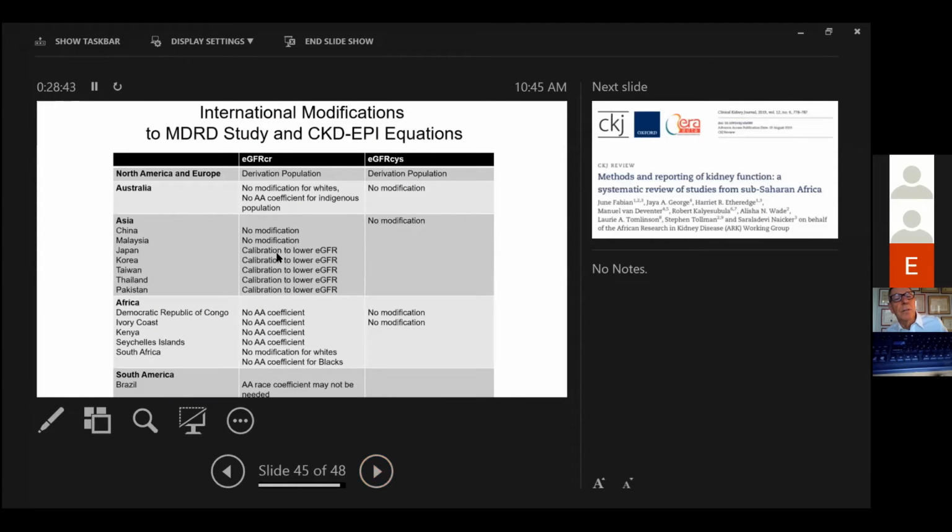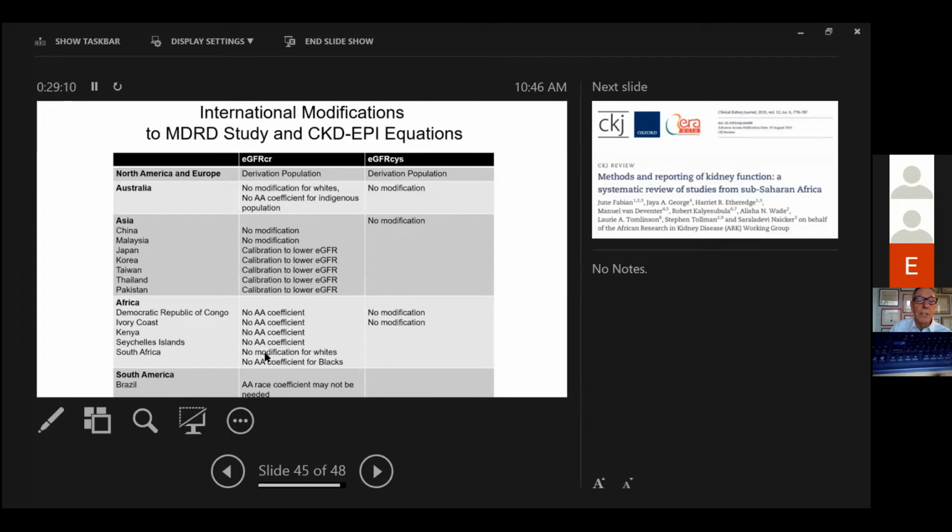Now in Africa, there have been limited studies, but by this time there have been a number of studies with measured GFR in these countries in Africa. And what they've shown is that for African Blacks, the African American coefficient in the MDRD and CKD-EPI equation is not required.